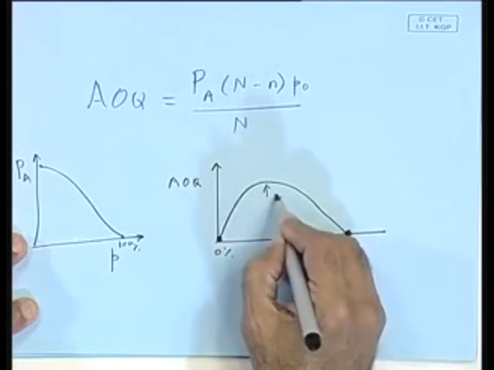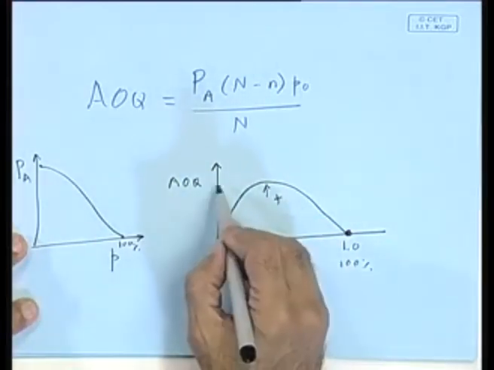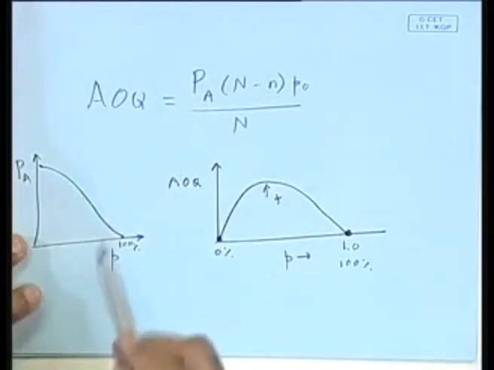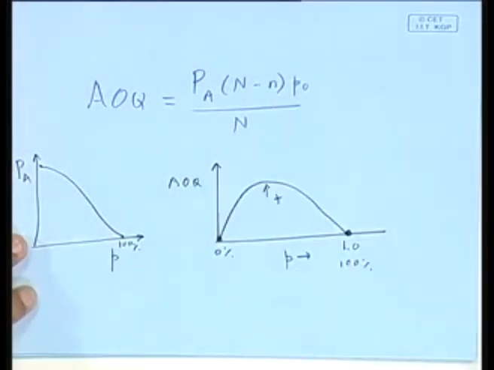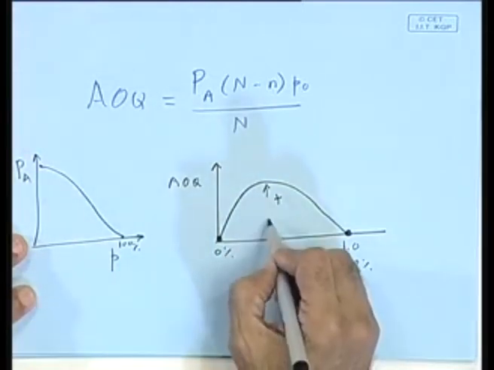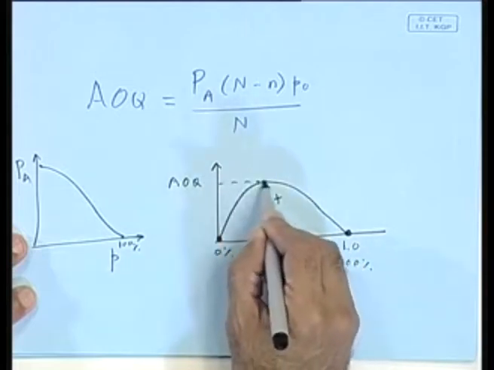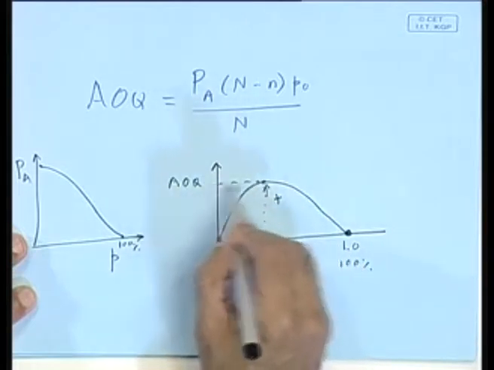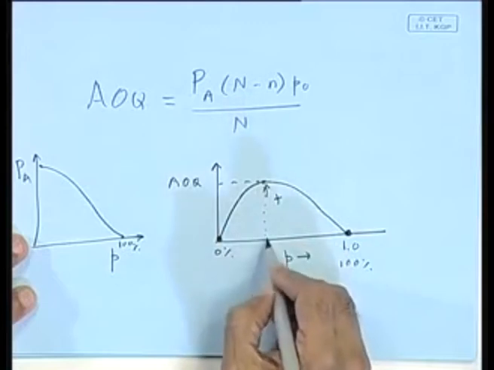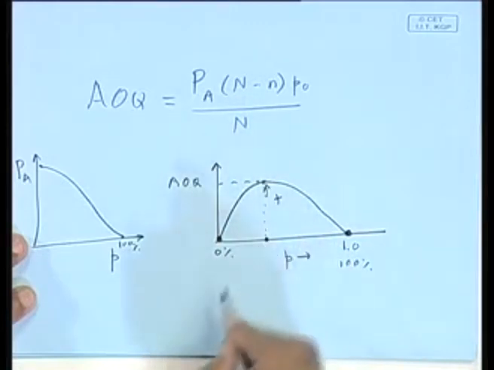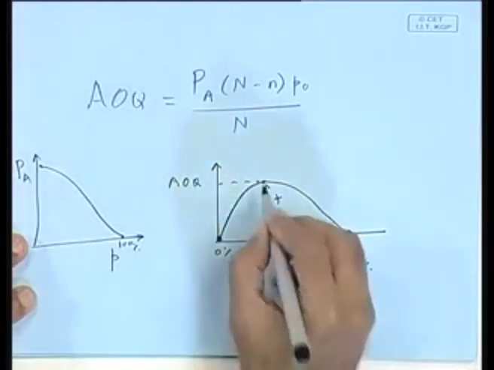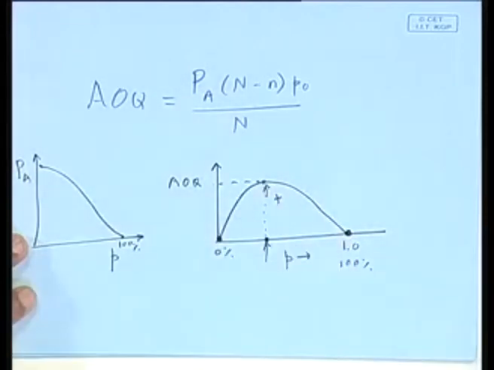This is positive, which actually says that if I am using the rectification scheme, at some point I will have the worst level of defects being passed, and this quantity can be determined, and also this quantity can be determined.